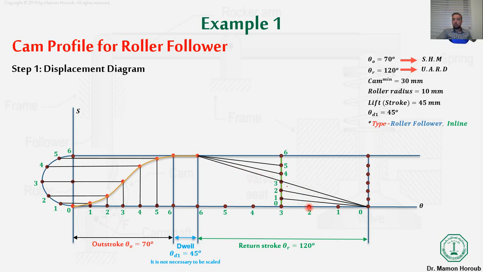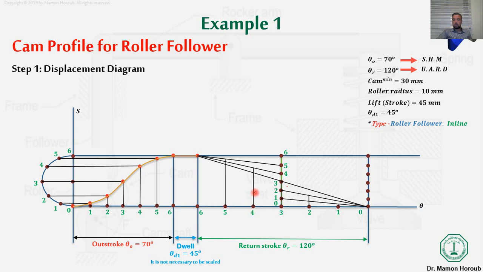So now what we need to do later is draw perpendicular lines from 0, 1, 2, 3, 4, 5, and 6, as we see here. So 0 is 0, 1 is very small, then 2, then 3 is from here till 3.